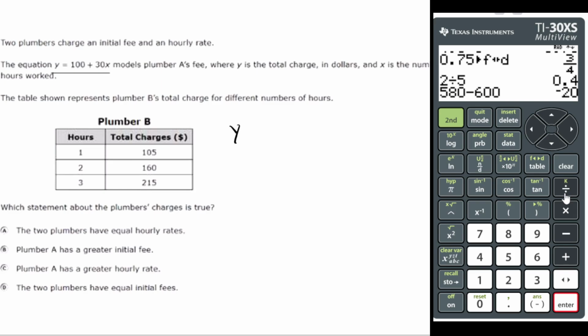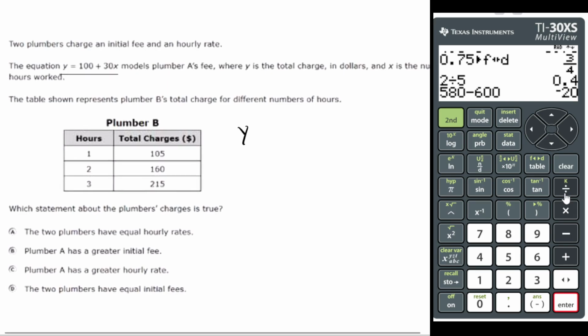We don't know what he's starting with. We don't know what his initial fee is because we only know what he's at after the first hour. So we're going to have to reverse engineer that. Okay? So let's find his rate of change. So we have X and Y. Change in Y, we're going from 105 to 160.